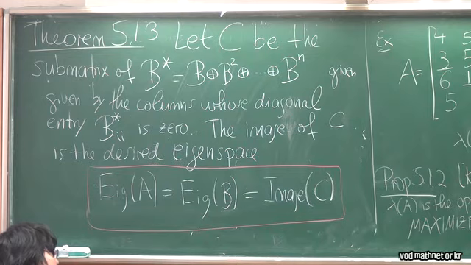Then you look in the square matrix B star along the diagonal. Wherever you see a 0, so all the diagonal entries are non-negative. Are we clear? Right? They are non-negative. If they were negative, then there would be a negative cycle. Can't be negative, right? So all the diagonal entries are non-negative, and you just keep those columns where the entry is 0, and you call that matrix C. That matrix C still has n rows, but it might have fewer columns.